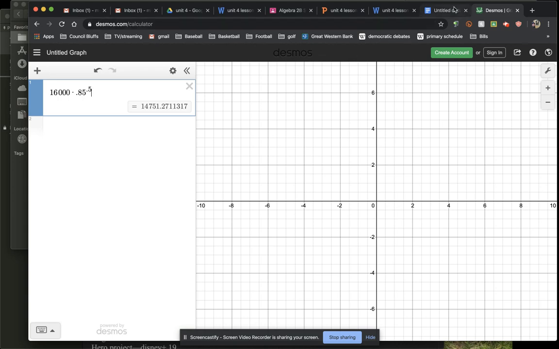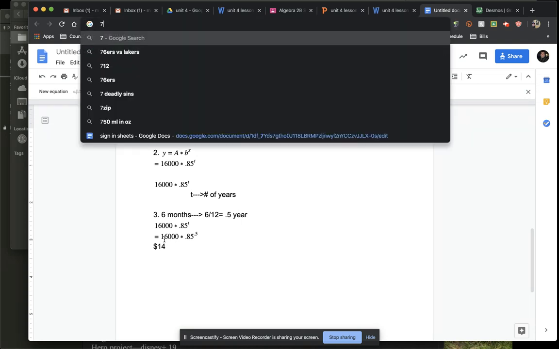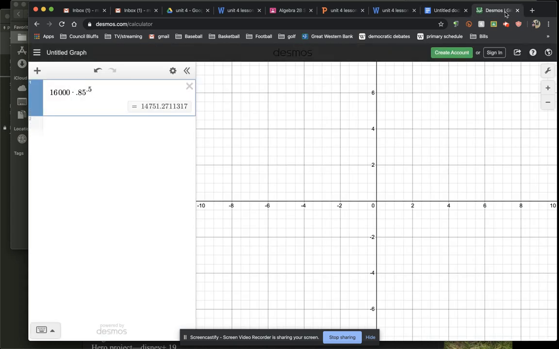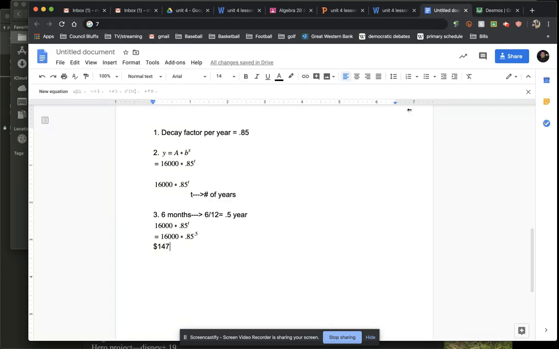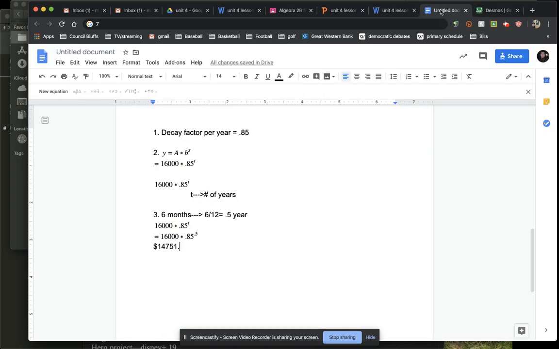So this will be $14,751.27. That is the value of the machine 6 months after purchase.